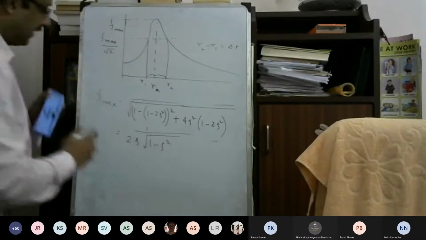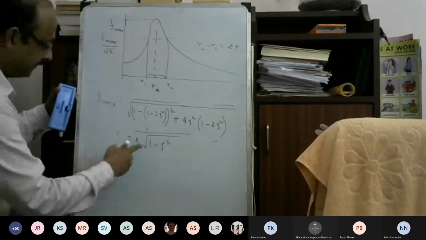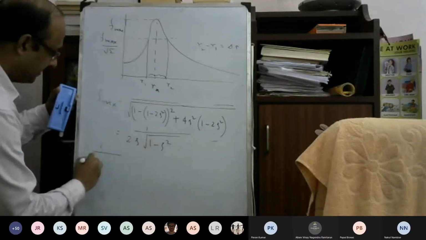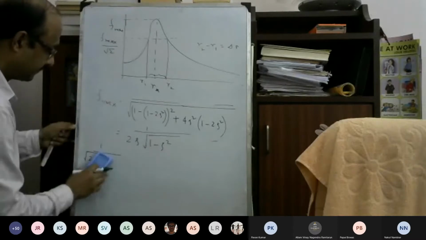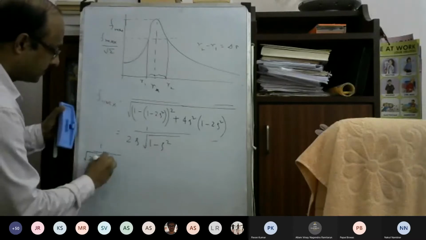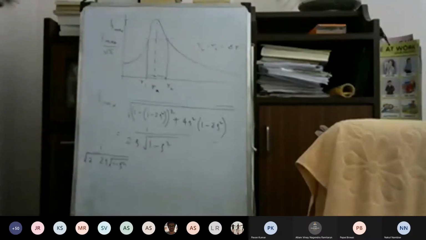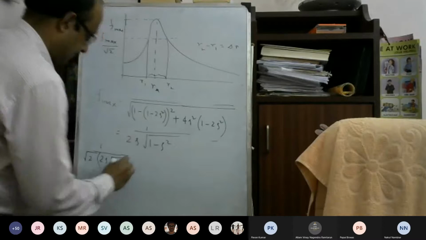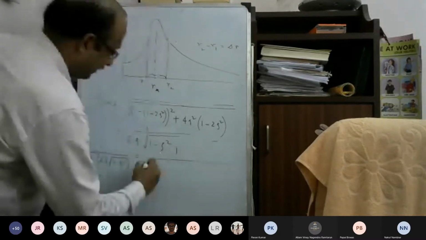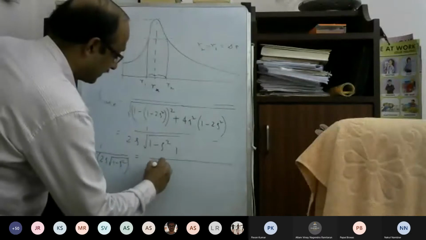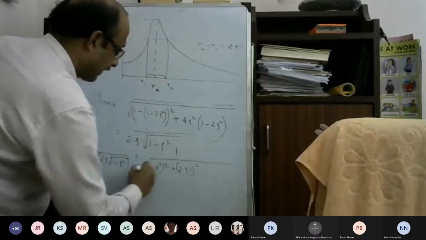So what I want is to find out the value of zeta. So this will be 1 by root 2 times 1 by 2 zeta under root 1 minus zeta square, and this is equal to 1 by the square root of (1 minus r square) whole square plus (twice zeta r) whole square.